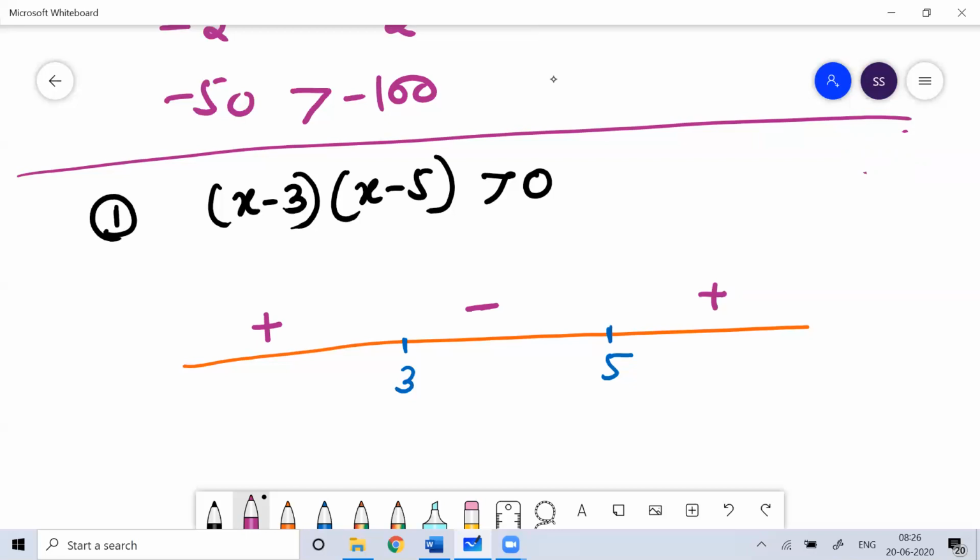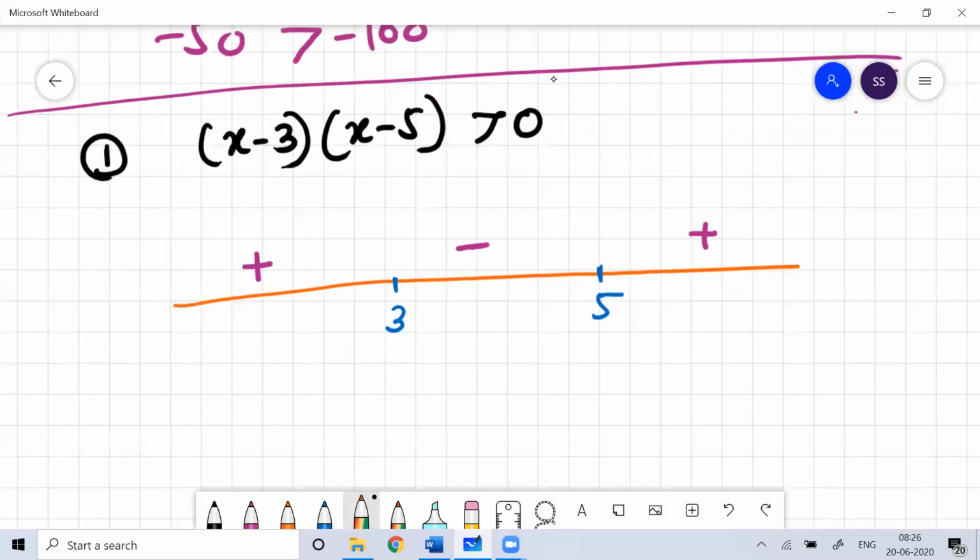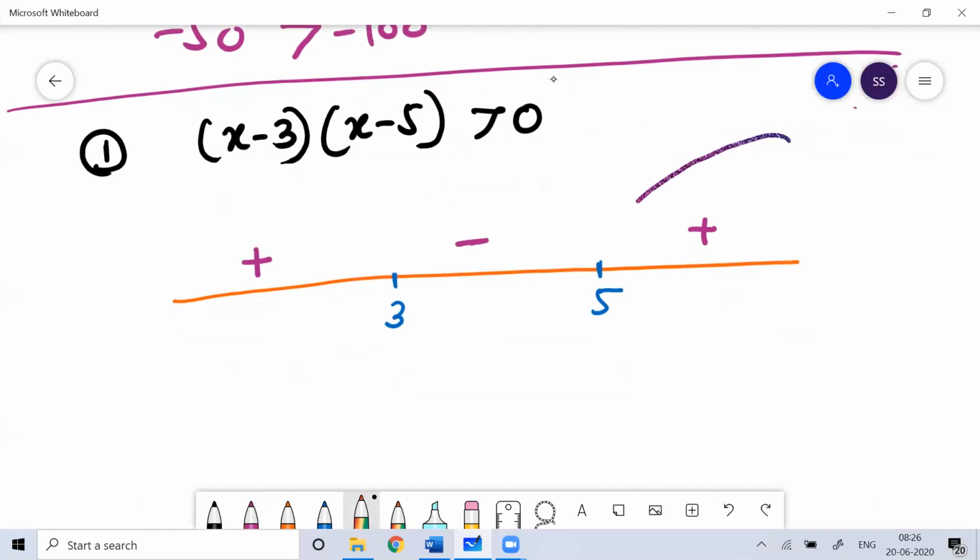Okay, now once you understood this, you can draw a wavy curve here.